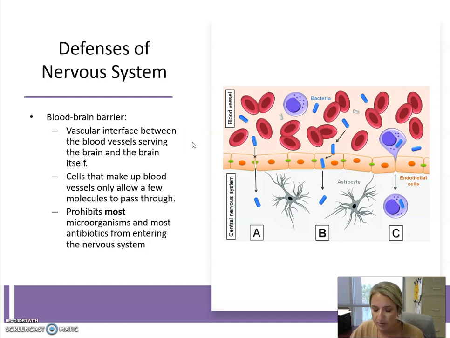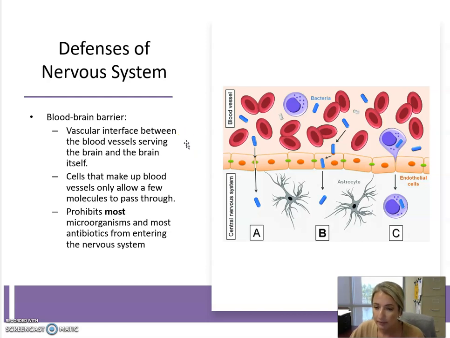Obviously, we have blood vessels that run throughout every tissue or organ in our body, lungs, kidneys, liver, whatever it may be. And for the most part, if something is in the blood, like an infectious pathogen, it is very easy for it to diapedese, or leave a blood vessel, and then enter a tissue such as the liver, kidneys, lungs.